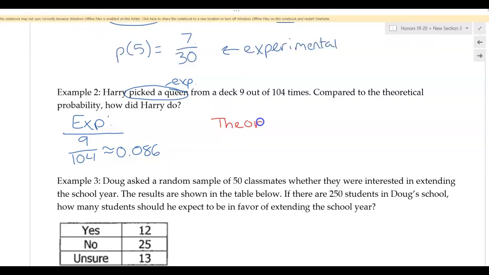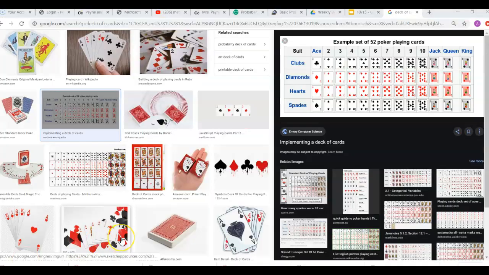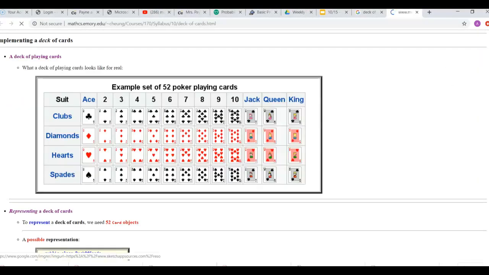Now, theoretical. If I look at this deck of cards, we're finding the probability of a queen. Well, there is 1, 2, 3, 4 queens. And if we counted up all of these, there are 52 cards in a deck.